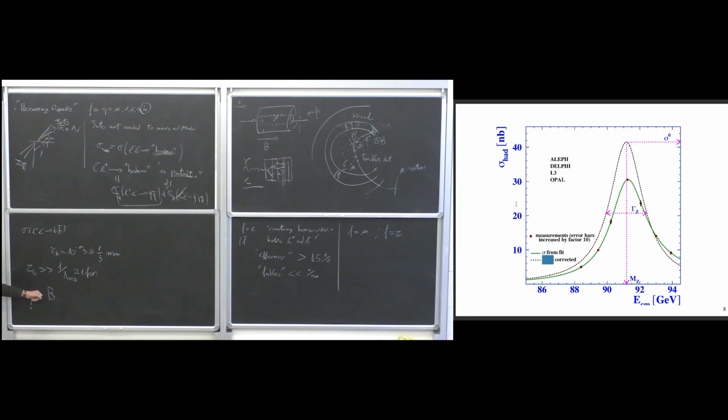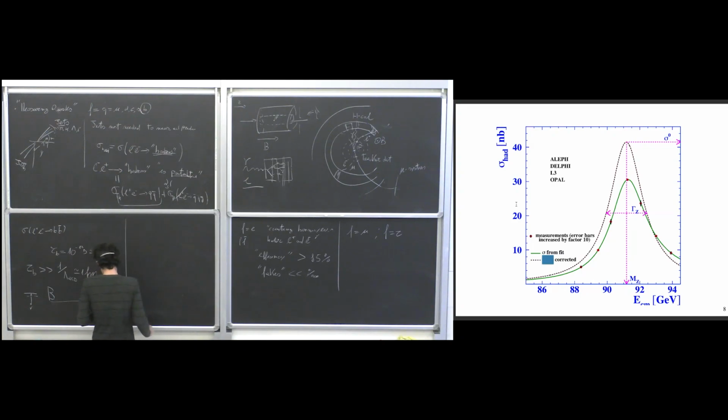These hadrons then will have a lifetime which is the same as the one of the bottom quark, and so they will travel for a long distance of the order of c times tau, if they are produced nearly at the speed of light, of the order of 1/3 of a millimeter.